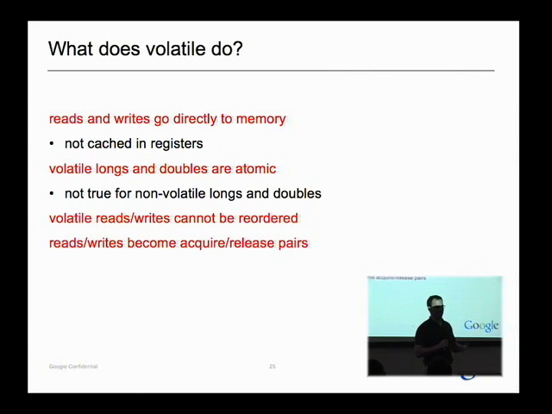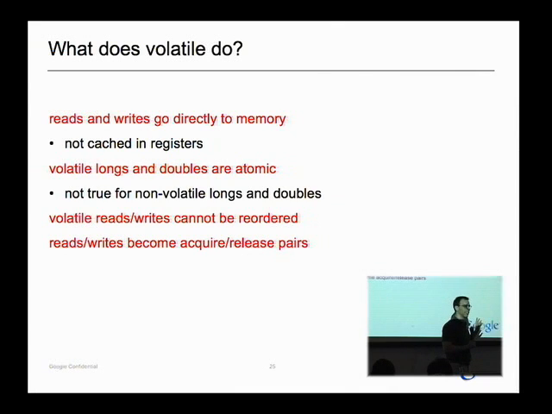I'm not sure how many modern JVMs still do that. I think it was actually done for the Alpha processor way back in the day. But the guarantee is made for volatile longs and doubles that all 64 bits will be written. You're never going to see the first 32 bits from one write and the second 32 bits from another. That's one of those anecdotes that I like, though it's not necessarily integral to what we're talking about here.